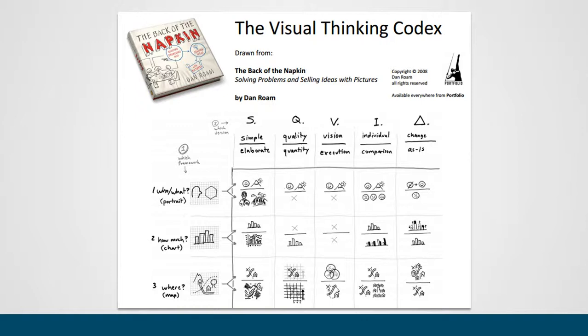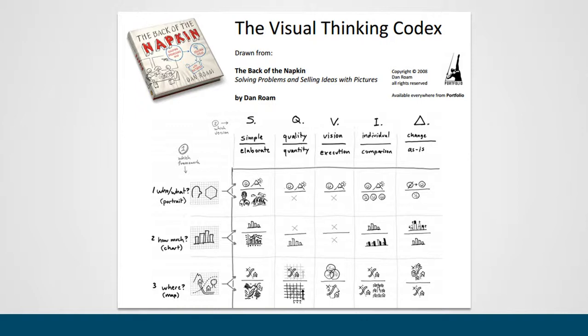I is for, do you want to describe a single individual by itself, or describe things as a comparison against one another? And D is delta. It's basically asking us, do we want to describe the change in that thing, or how it actually is at this moment?